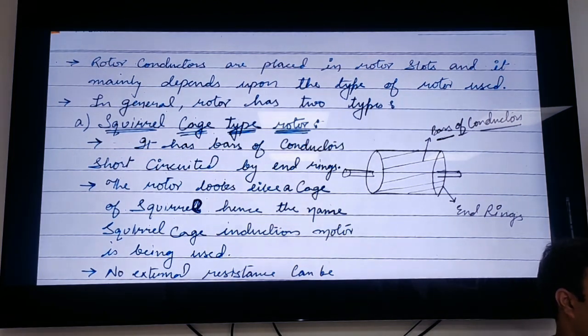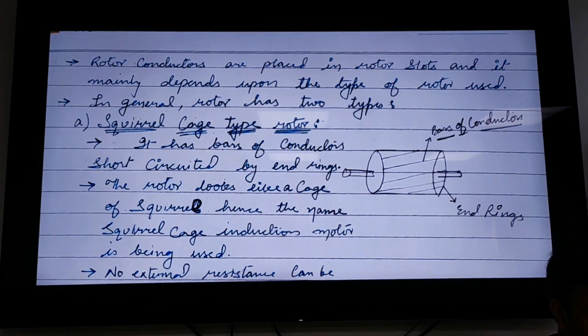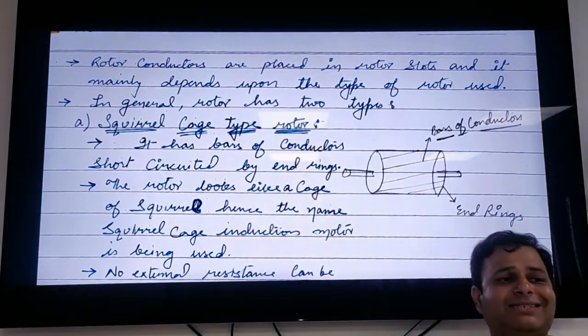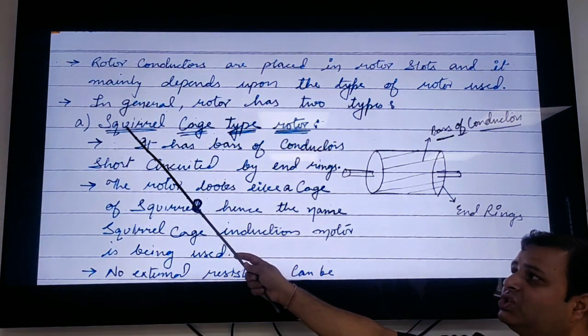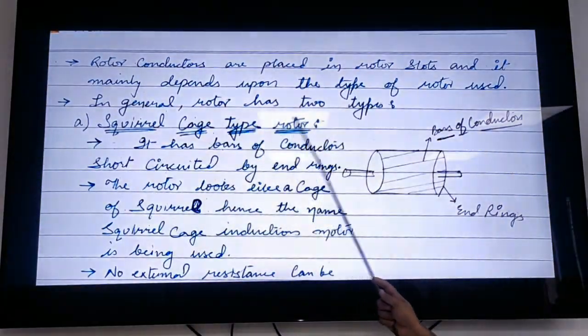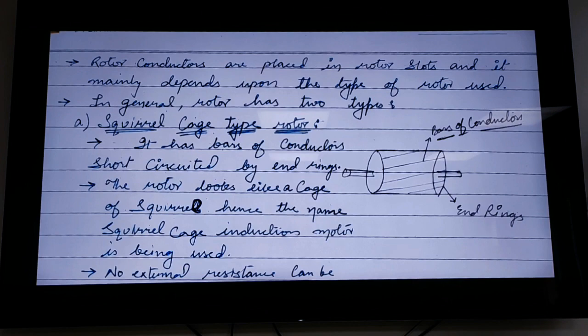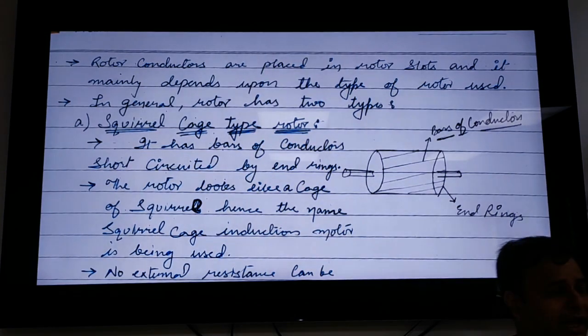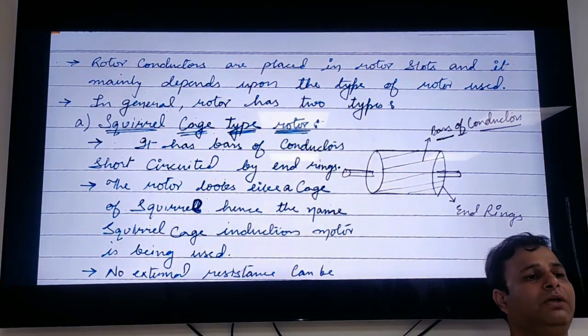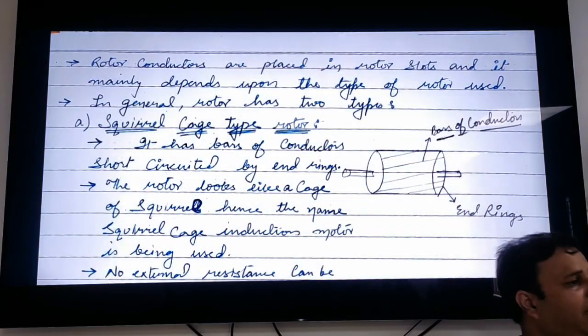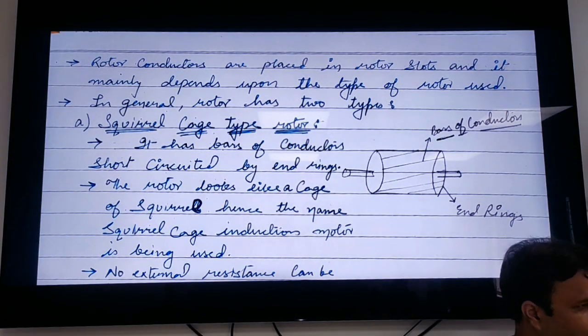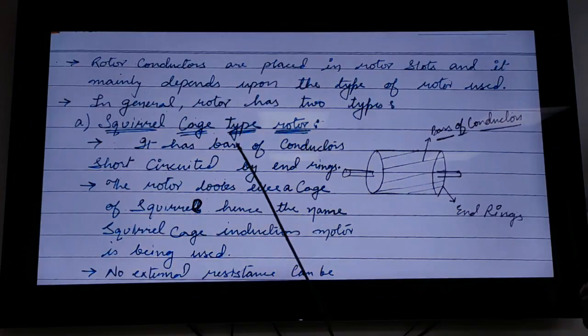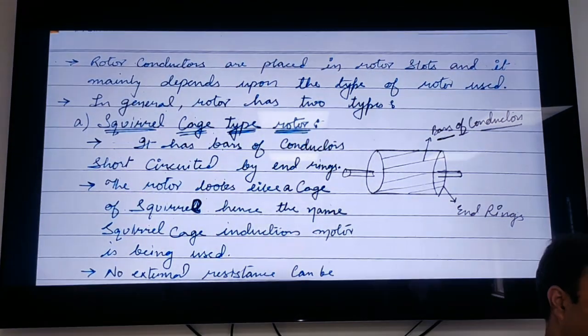The first is the squirrel cage type rotor, and the motor which has a squirrel cage type rotor is called a three-phase squirrel cage induction motor. Now, you might have heard the word squirrel, haven't you?